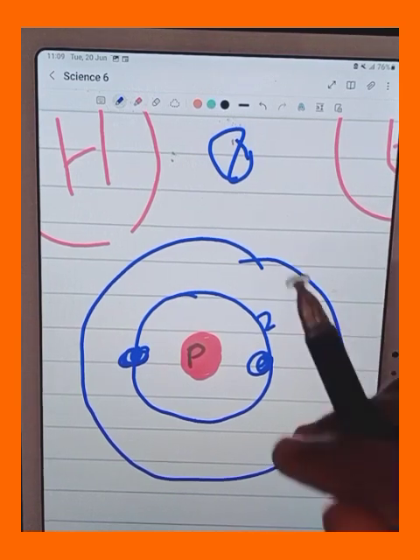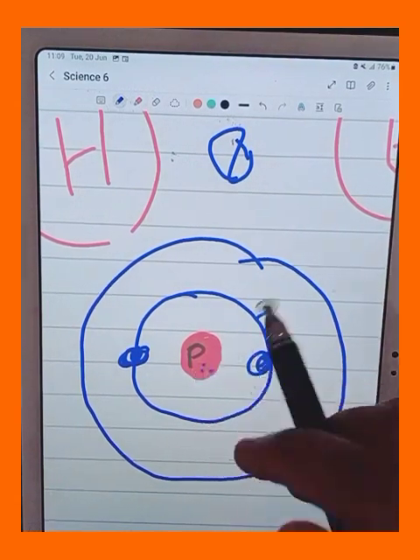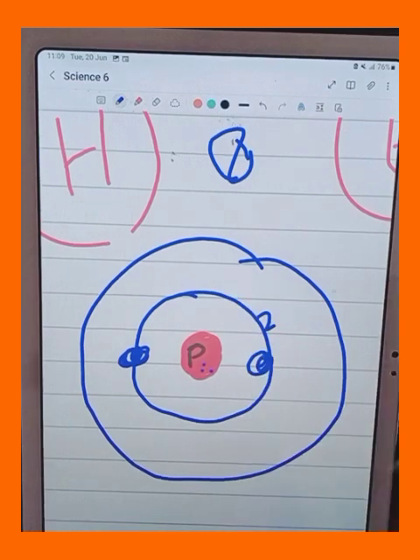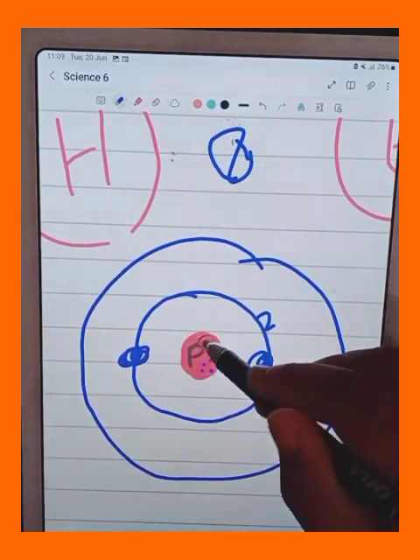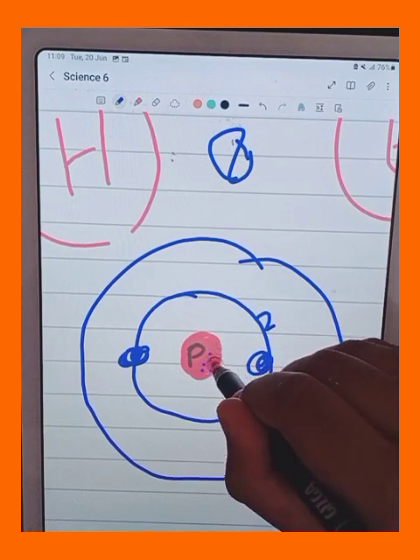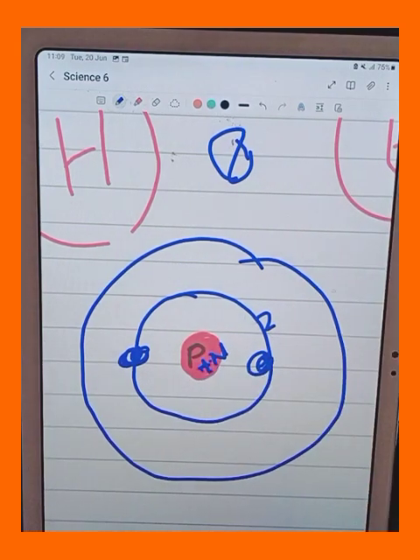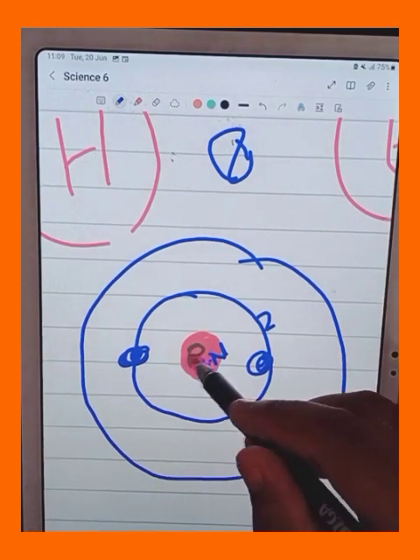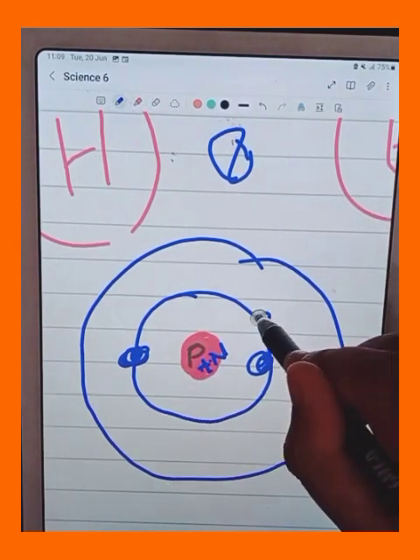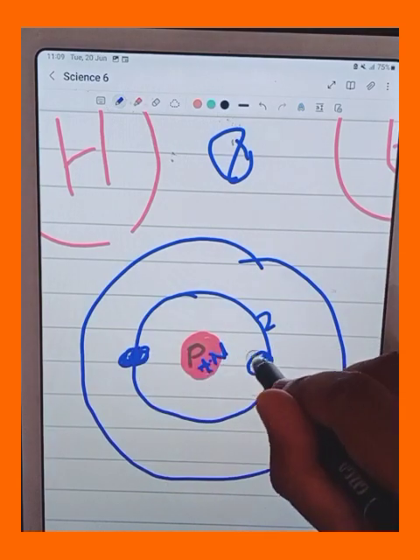This is an oxygen atom, with subatomic particles. Protons plus neutrons are present inside, and this is called the nucleus.